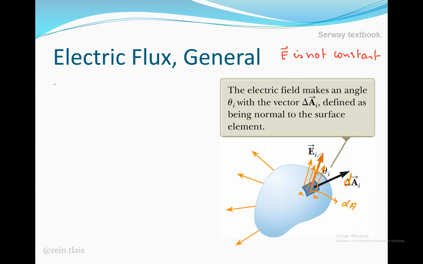The angle between E and dA equal to theta. On this small element, as E is constant, we can apply flux equal EA. As we have a small area, we have a small flux. For this small flux, we have E constant times the area, dA.